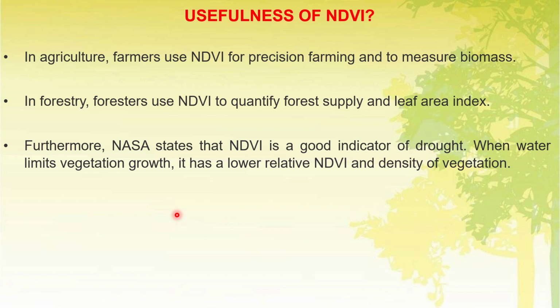So the usefulness of NDVI is that it is useful for farmers, for farming, area calculation, biomass calculation, foresters also the same, and in several cases it is a good indicator for drought measurement also.